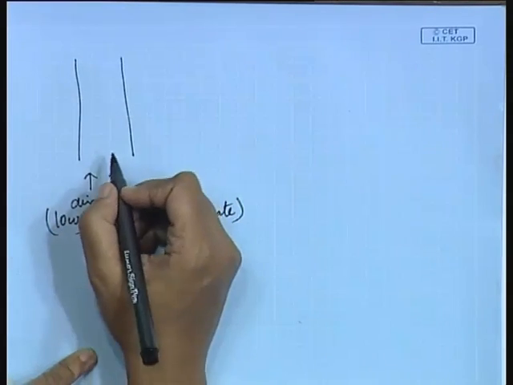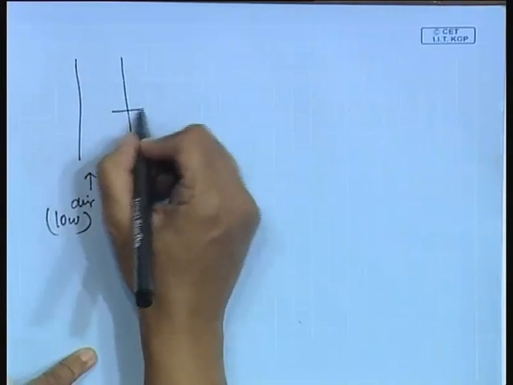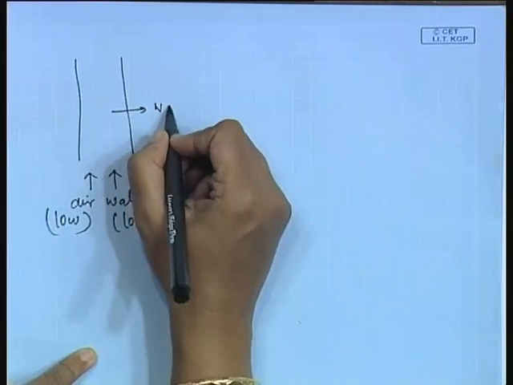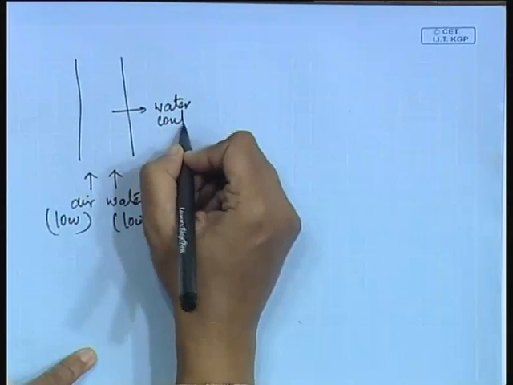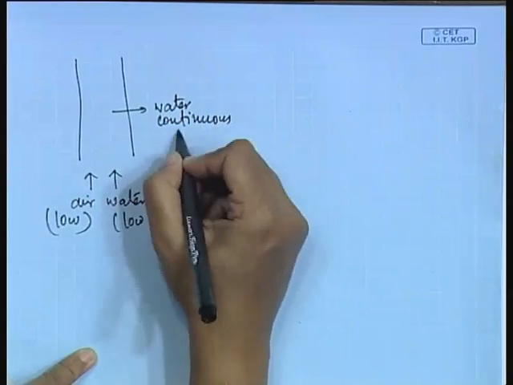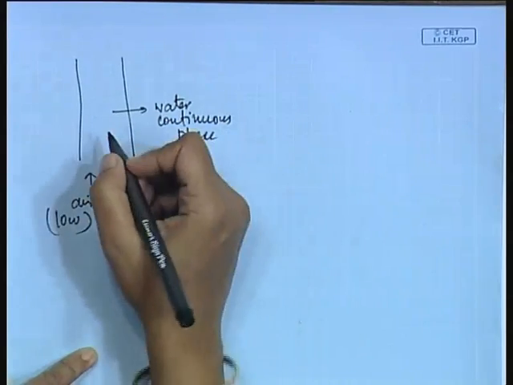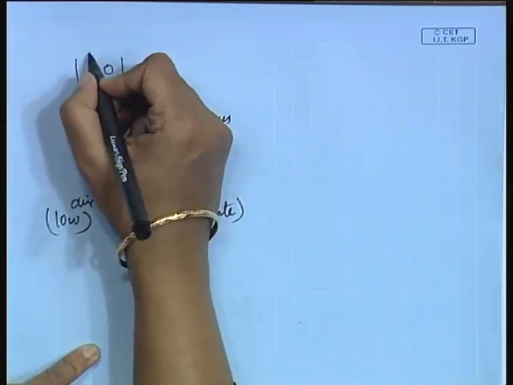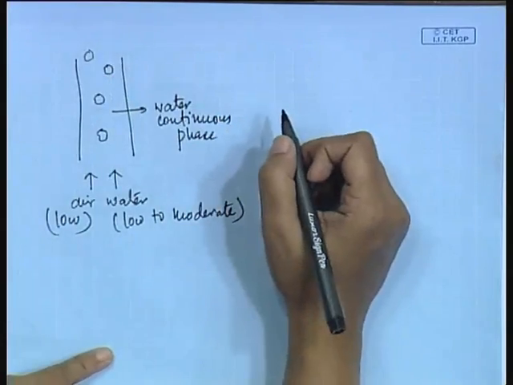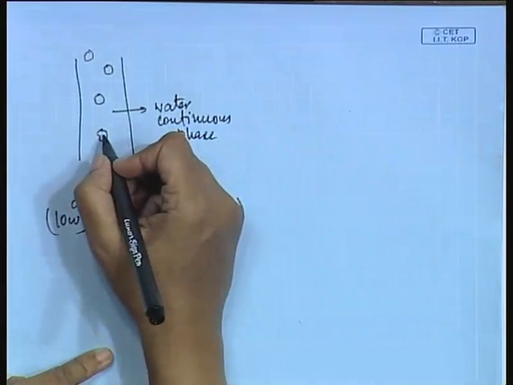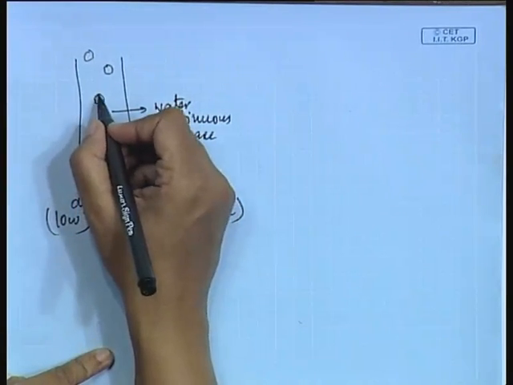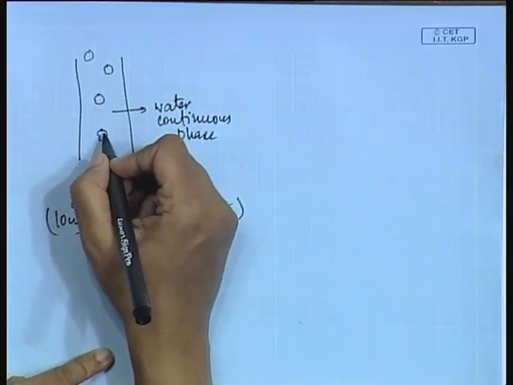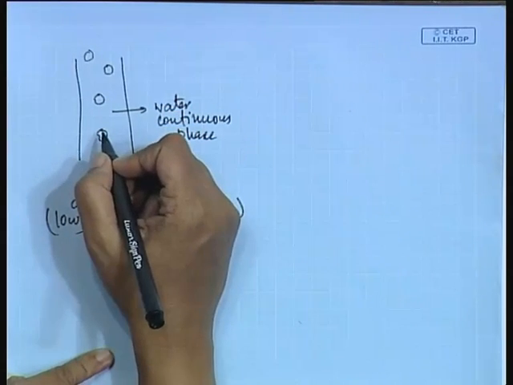We expect that water flows as a continuous phase, and discrete air bubbles are more or less dispersed in this continuous water medium. So, these bubbles, if they are very small, are definitely spherical. As they grow larger and larger, they tend to become deformed.